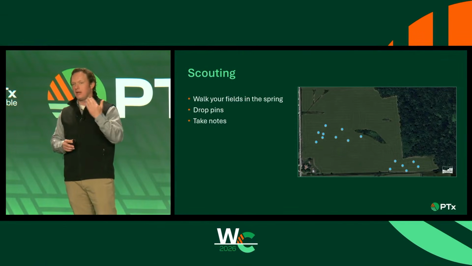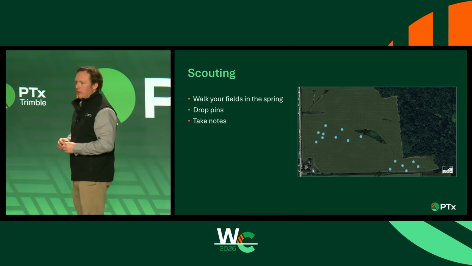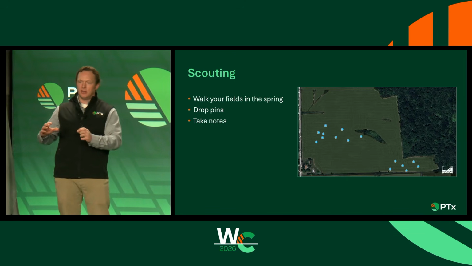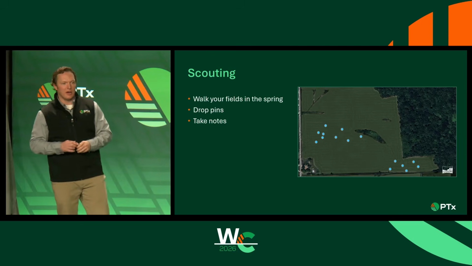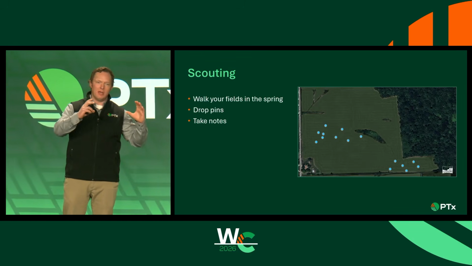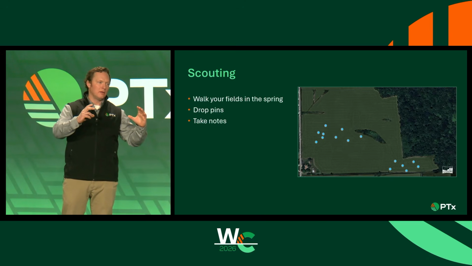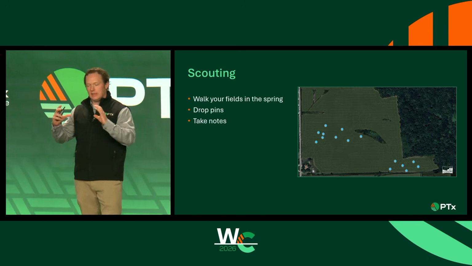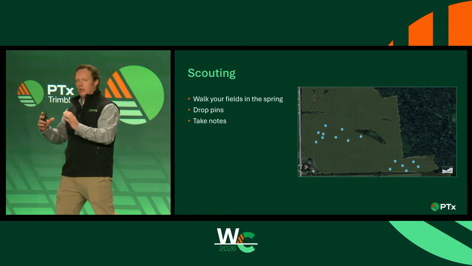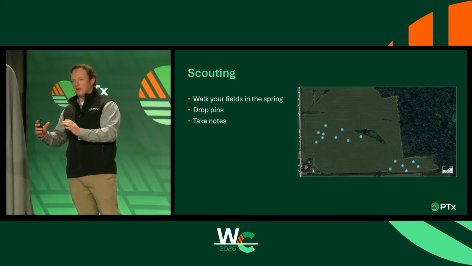So in this case, I actually drove it with my UTV back and forth, and I dropped pins every time I went through a wet area. And what you can see is there was a cluster of high moisture area down in that southeast corner, and then on the west side of the farm, right in the middle, there was another area of wet. And so now, using this map, I know the areas of the farm that dry out last. So I know the wettest areas.